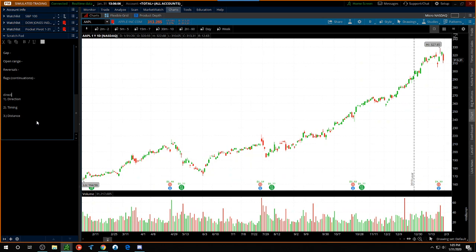So, directional trading is not as hard as it sounds. The only thing you have to do is dial back your expectations. You have to prove that your strategy is going to work.